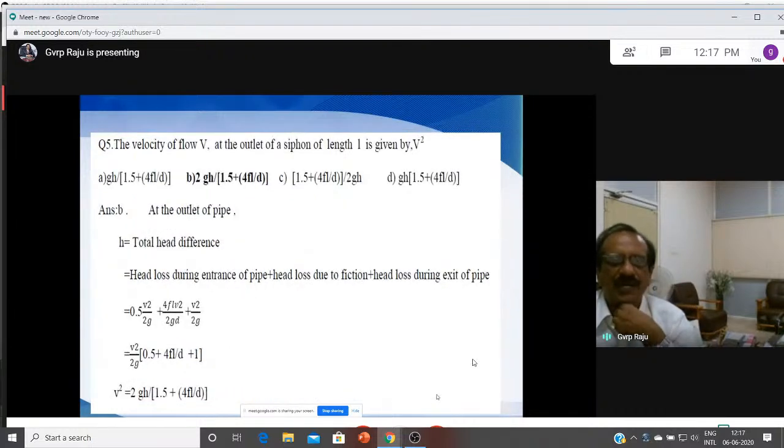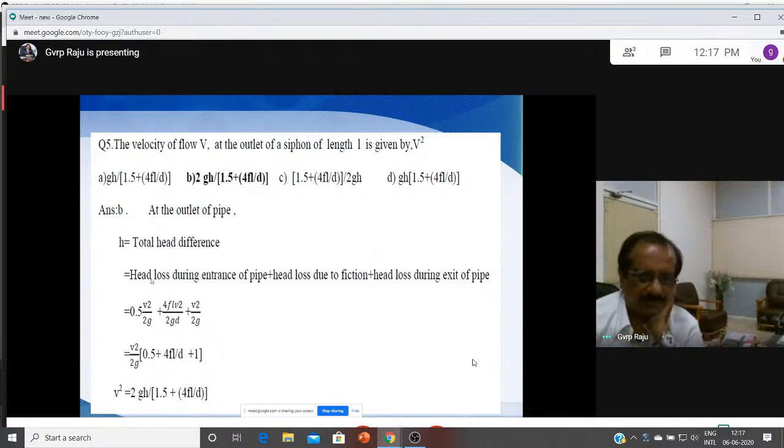The velocity of flow at the outlet of the siphon of length l is given by. At the outlet of the pipe, as you know, we have losses here, the entrance loss, the friction loss and the exit loss. So H is the total head difference. This is the entrance loss, 0.5 V square by 2g, this is the friction loss, 4 f L V square by 2 g D, and this is the exit loss, V square by 2g.